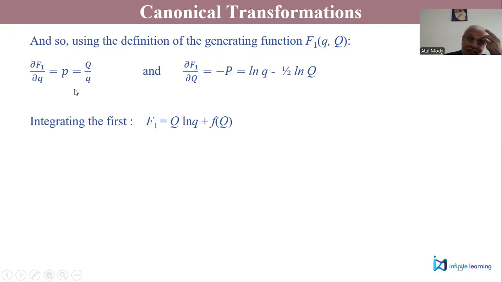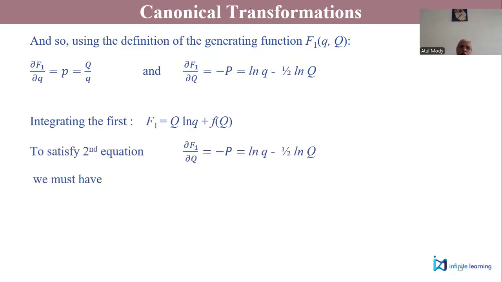Now, if you integrate the first equation with respect to small q, it will give you Q log q plus an arbitrary constant, which could be a function of capital Q, the f of capital Q. To satisfy the second equation, which is dou F1 by dou Q, log q minus half log capital Q. Remember, that's minus P, okay?